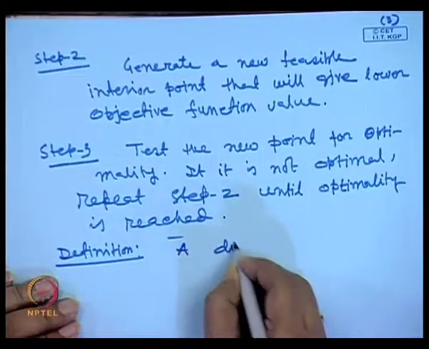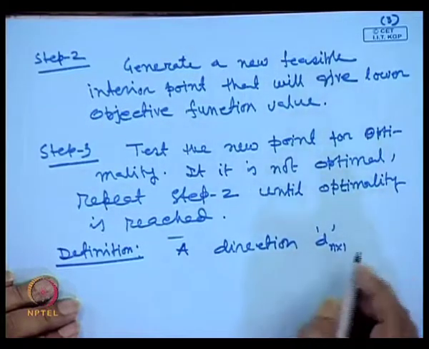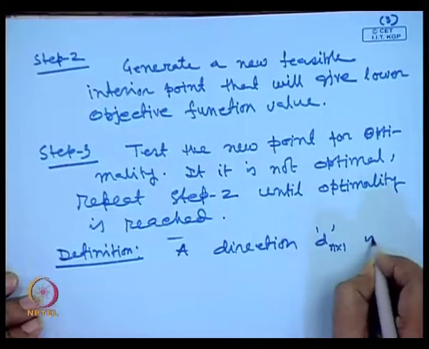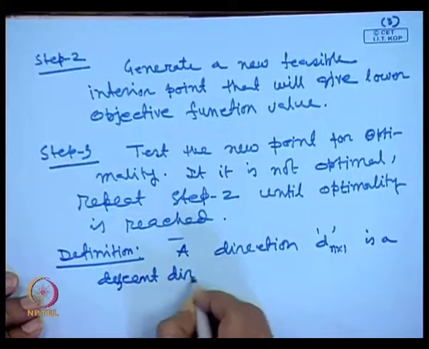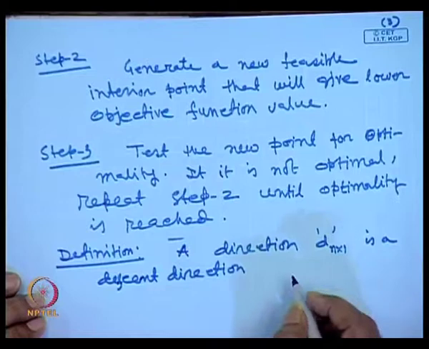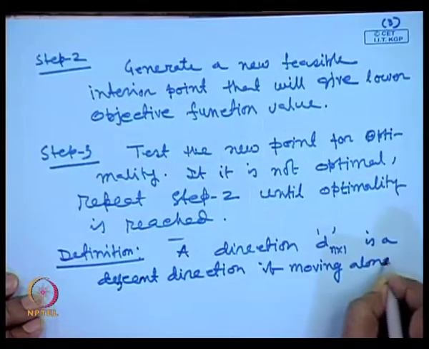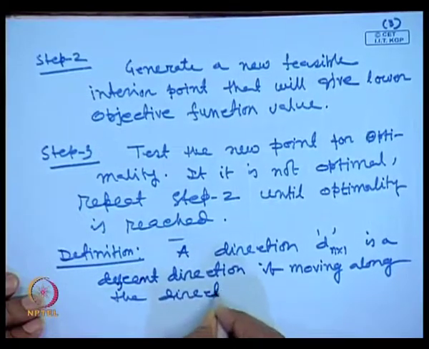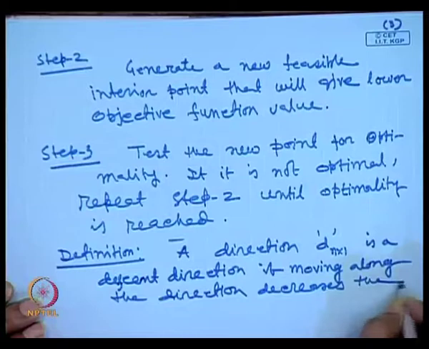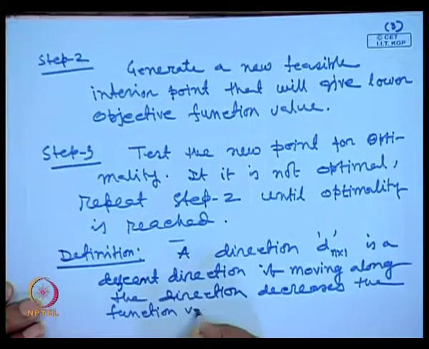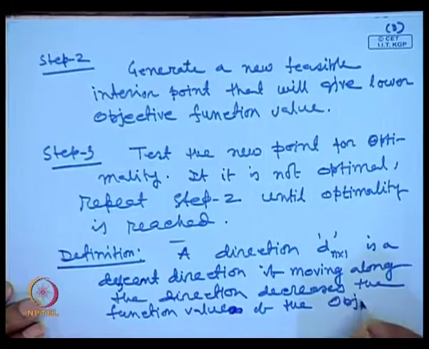A direction d, whose dimension is the same as the feasible decision variables, n cross n, is a descent direction if moving along the direction decreases the function value of the objective function.